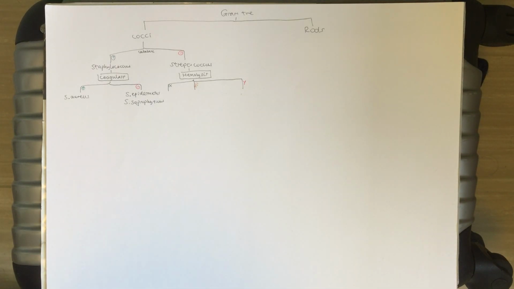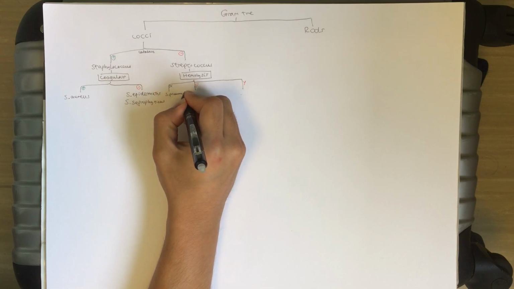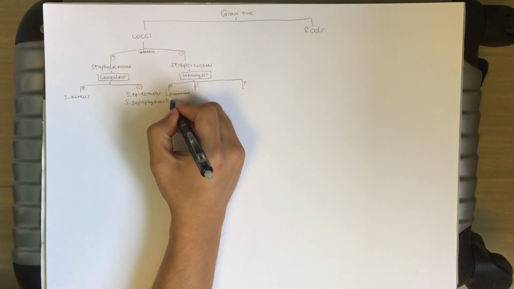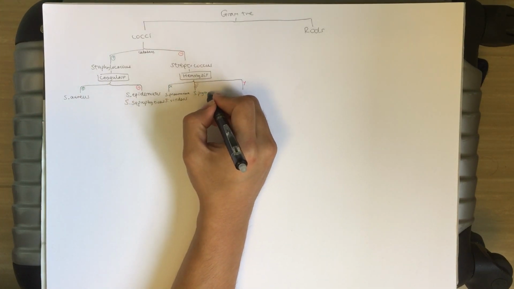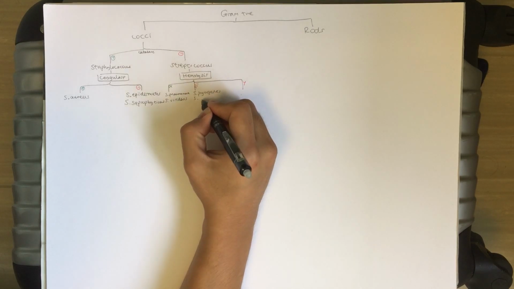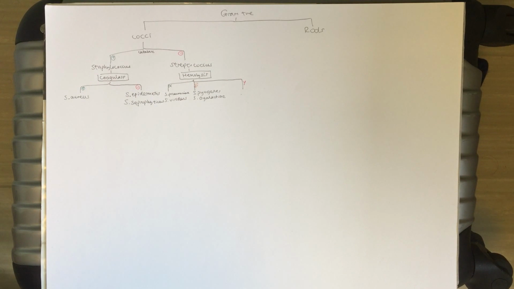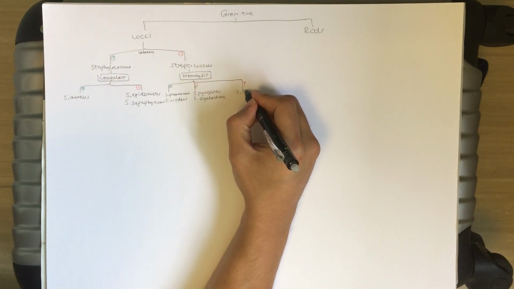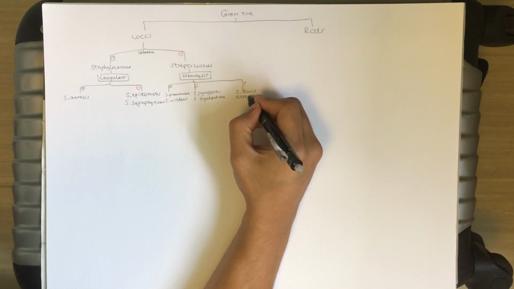And the bacteria for this is Strep pneumoniae, Strep viridans, Strep pyogenes, Strep agalactiae. Now, for the gamma, I'm going to put Strep bovis and also something called enterococci.